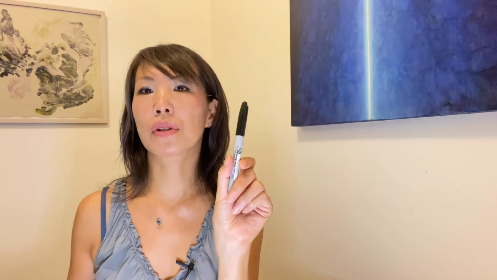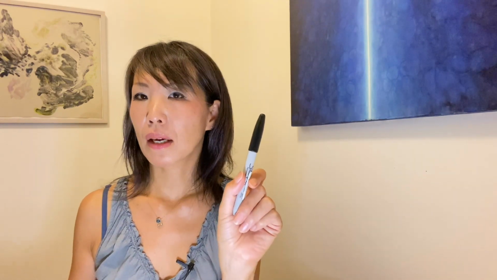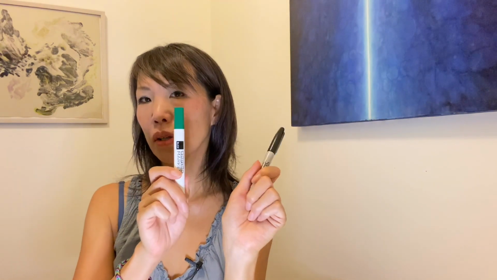So when you use paint, it's water-based, so you don't want to use washable markers. It'll blend in too much. So if you have a Sharpie, it's great. If not, you can use maybe crayons, black crayons or darker color crayons.